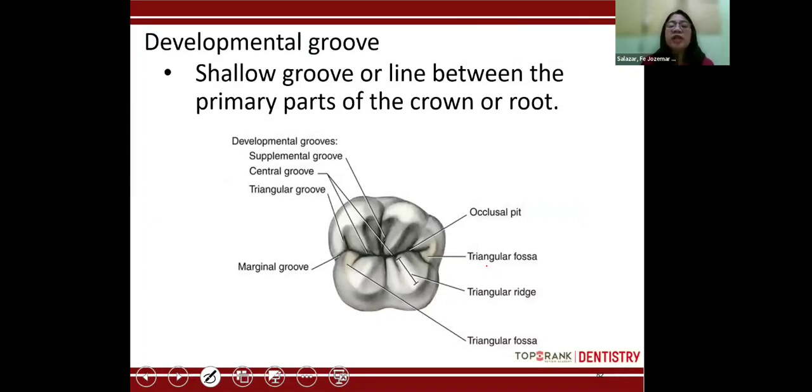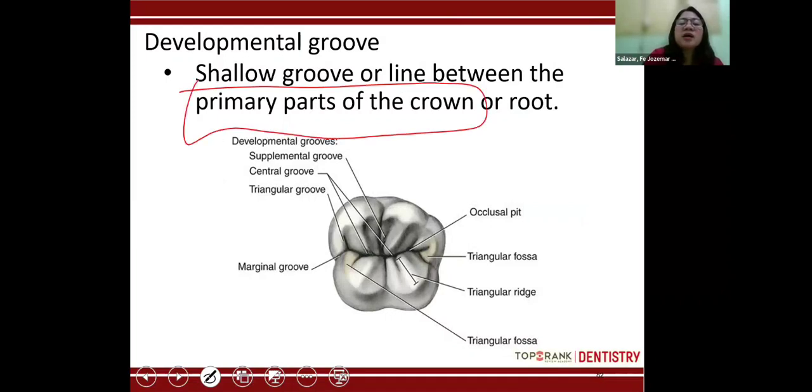Developmental groove. These are shallow grooves or lines between primary parts of the crown or the root. What are the primary parts of the crown? Cusp. So a developmental groove is found in between your cusps.